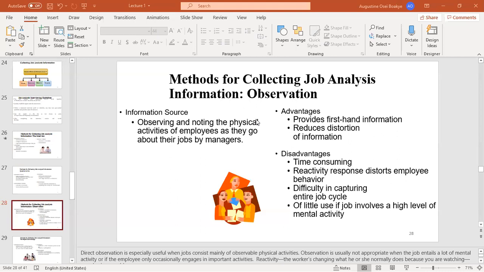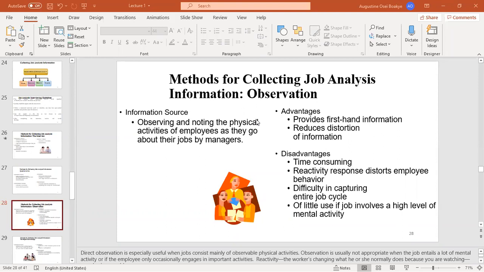So in that regard, you will be observing them all right, but you will not get their true nature or their true behavior. Again, it can also be very, very time consuming, because just imagine you are moving from department to department. And as a job analyst, you are doing all these maneuverings and observations yourself. So if you have a huge organizational edifice, then it might take forever for you to get detailed observation.